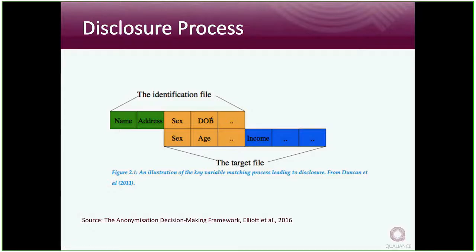And the disclosure process is really about being able to match those quasi-identifiers that can be available in the public domain or can be accessible through different means, and the ones that are anonymized in your study, in order to be able to link some sensitive information or other information that you don't know about someone in the first place to a given person.